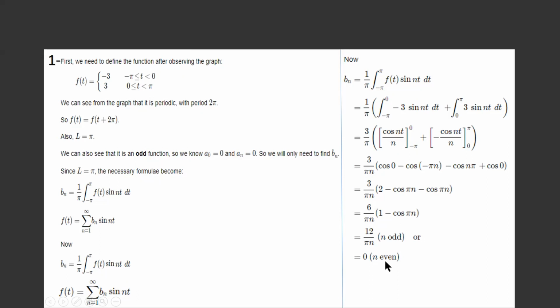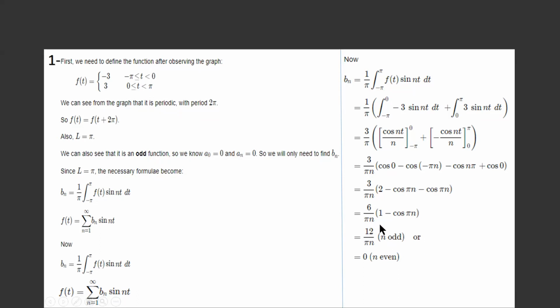So when n is even, the total value will be 0. But when n is odd, you have cosine pi, cosine 3 pi, which equals minus 1. So you have 1 minus minus 1, you have 2. 2 times 6 will be 12.